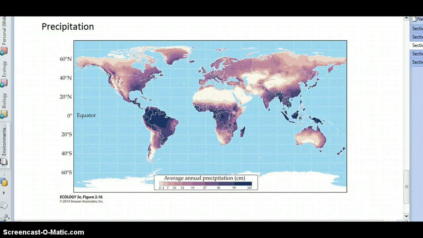And at 30 degrees latitude, north and south, again, we tend to find some relatively or sometimes very dry areas. And so we said how that was generally due to these high pressure systems that develop at about 30 degrees north latitude.